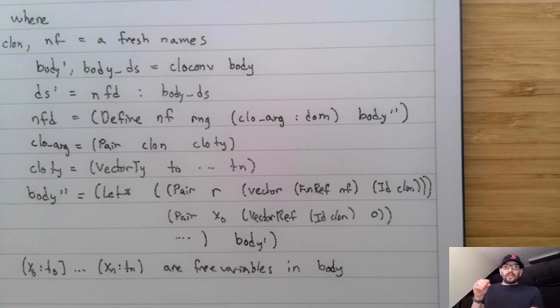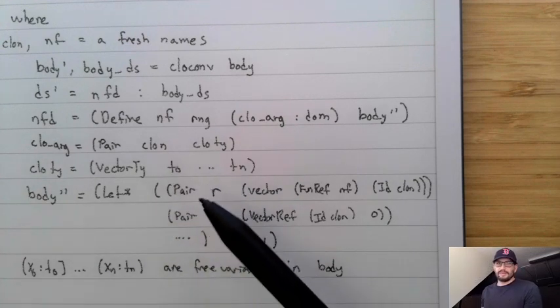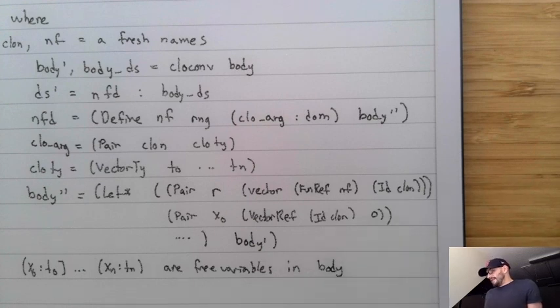Now, we need to know what their types are so we can synthesize this type argument. One way you can do it is right here inside of closure convert, you could go off and search the body. That's going to be really annoying because you're going to have to do it constantly.